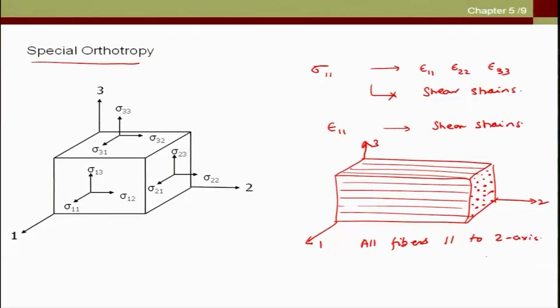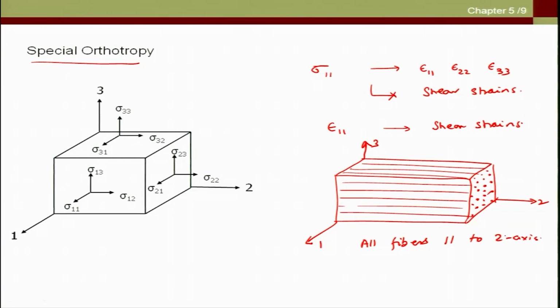So, if the fibers are aligned, the material axis is aligned to the 2 axis, then I will not see any coupling between extensional stresses and shear strains, and shear stresses and extensional strains related to the 2 direction.